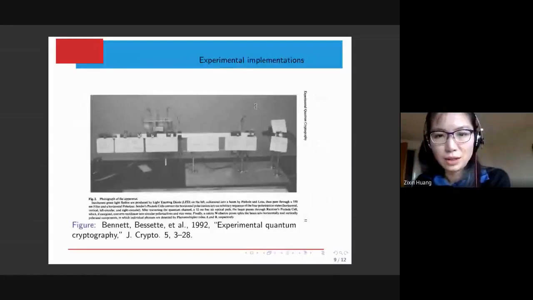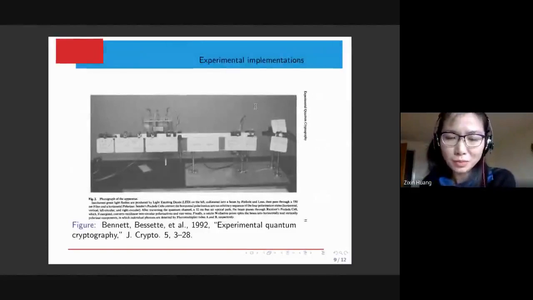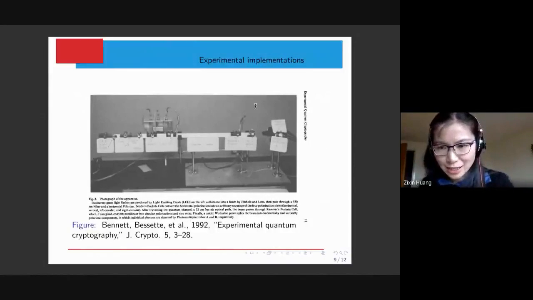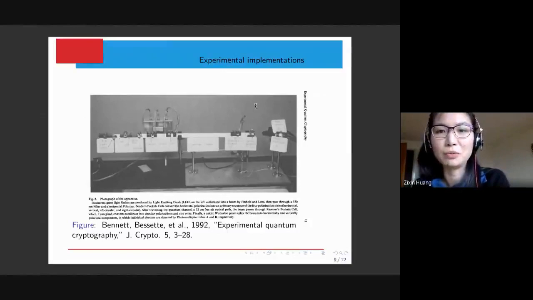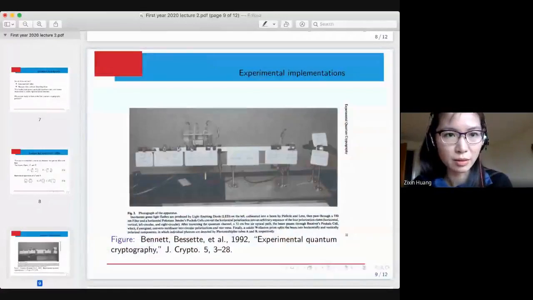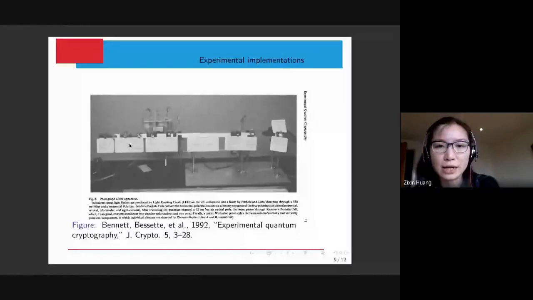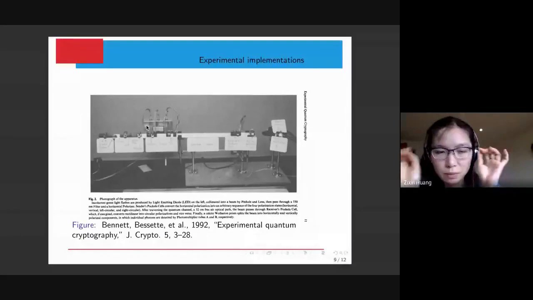Okay, so let's talk about some of the experimental implementations of the protocol. This is actually a very simple and elegant protocol that a second year or third year student could have come up with. But it took quite a while to come up with a security proof to say that it's actually unconditionally secure.